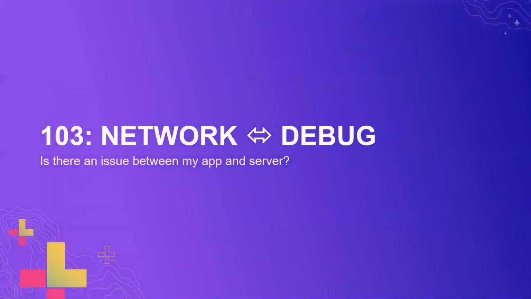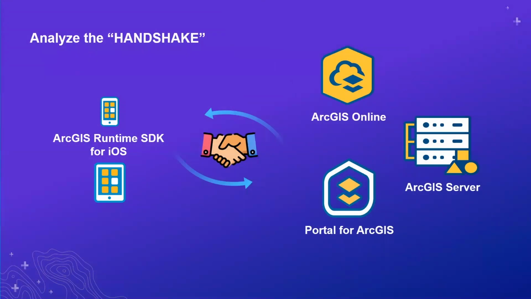The next module is debugging the network. Let's first see where networking comes into the picture when we are developing an iOS application using the Runtime SDK. As you can see, our apps are connected with ArcGIS servers, Portal for ArcGIS, or ArcGIS Online to import some of the important resources like services.